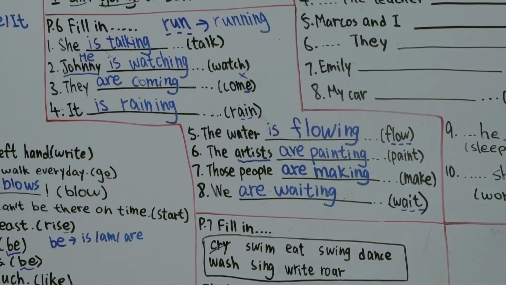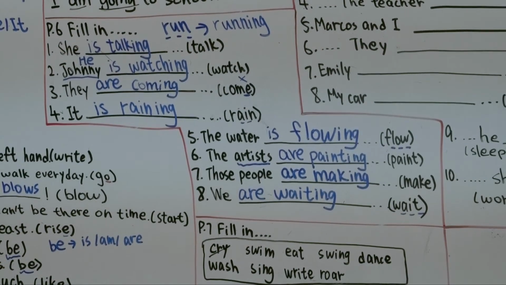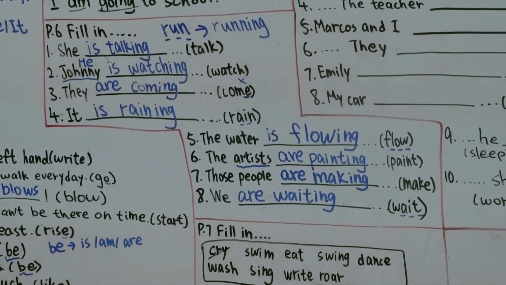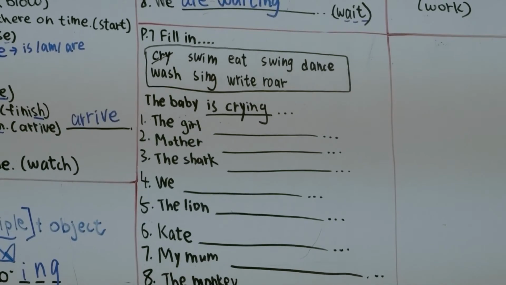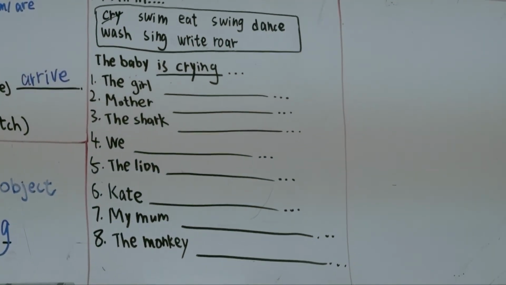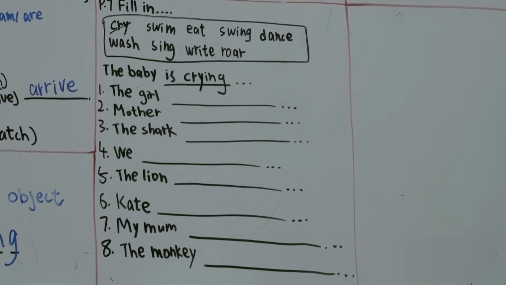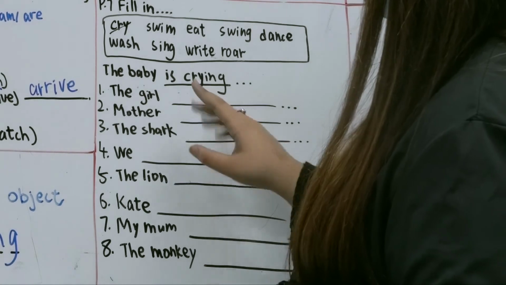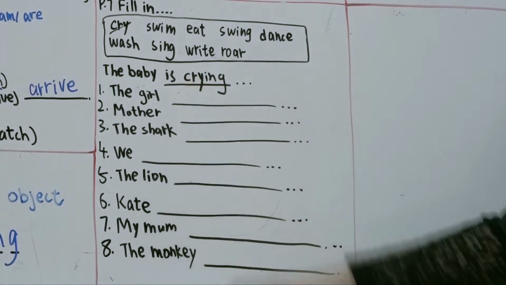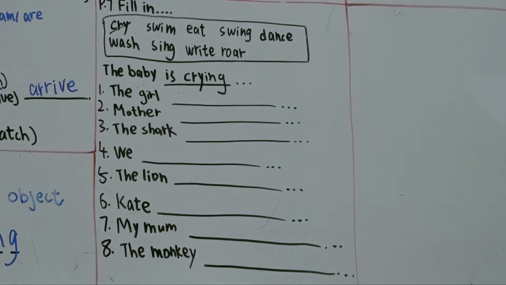Alright. Keep going. Page number 7. Alright. The baby is crying in the bed. Here it ends with consonant. Alright, never mind.